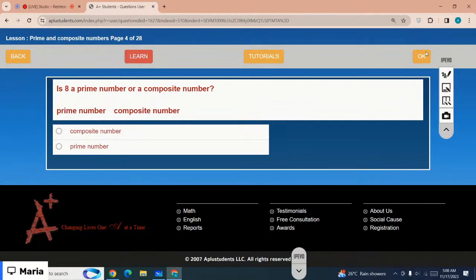Because 2 times 4 is 8. So 8 is a composite number.